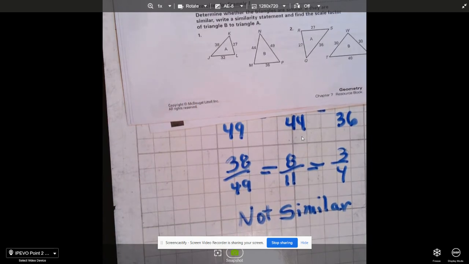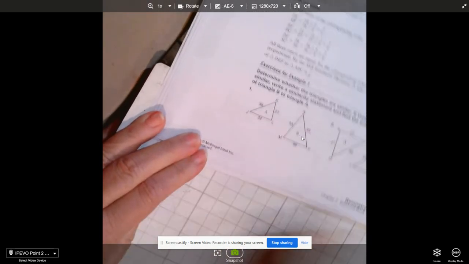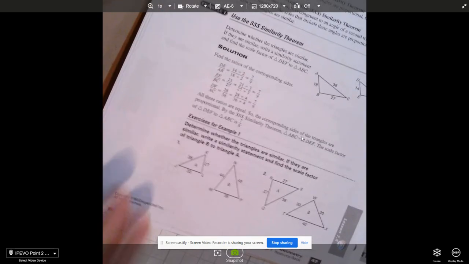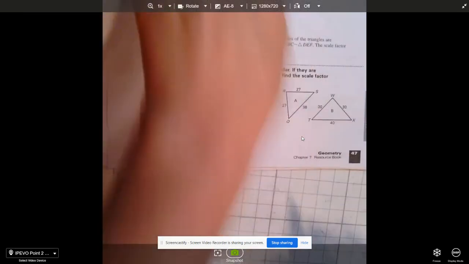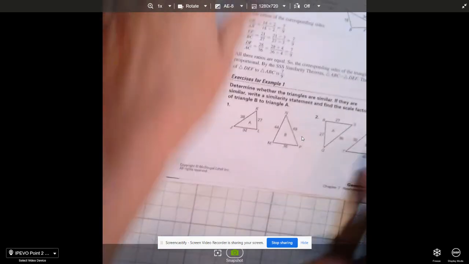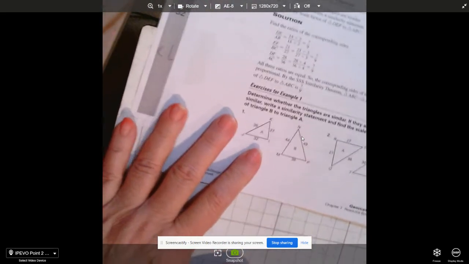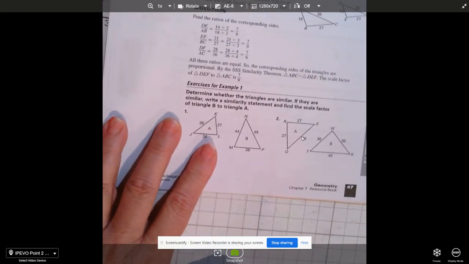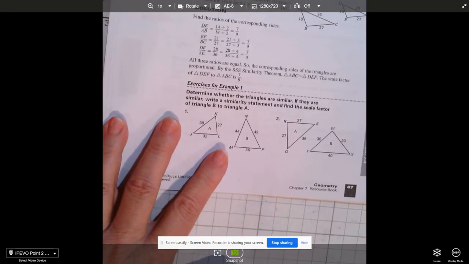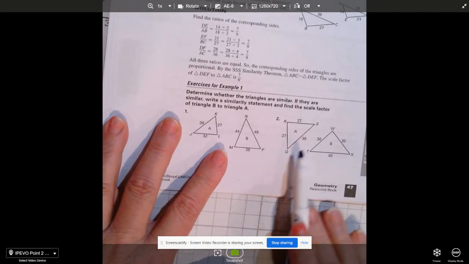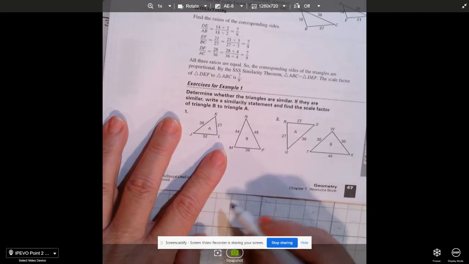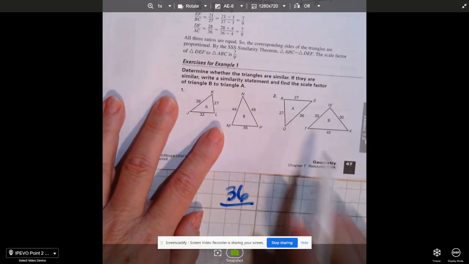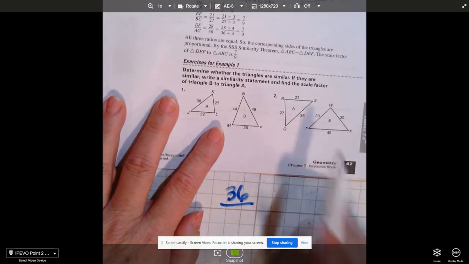So let's do number 2 and see what happens. Here you've got the two triangles, and I'm going to take the largest side of this triangle, which would be 36, and put that over the largest side of this triangle, which is 40.